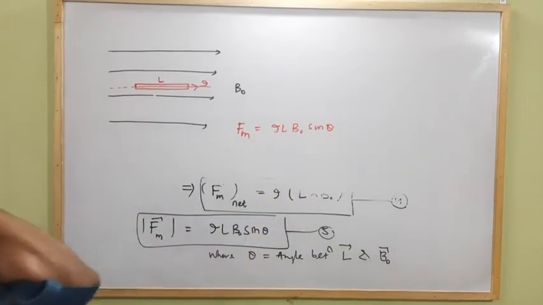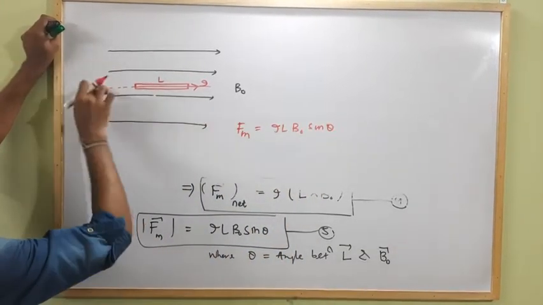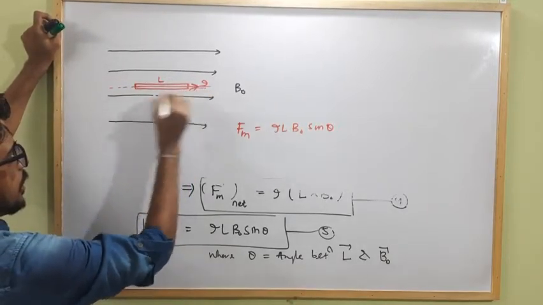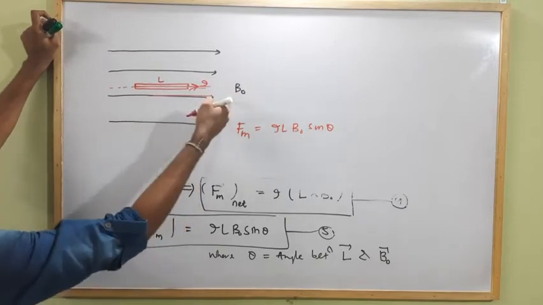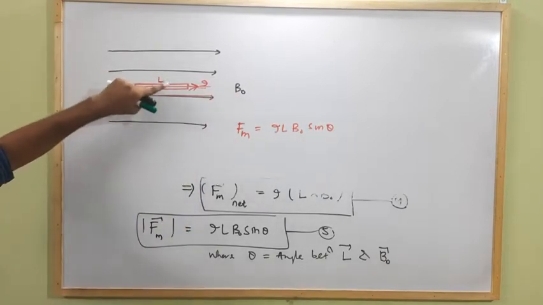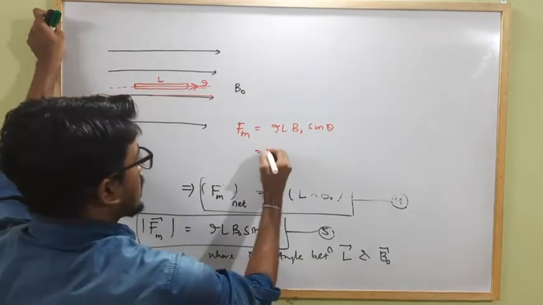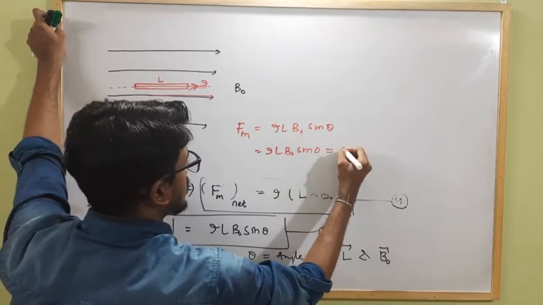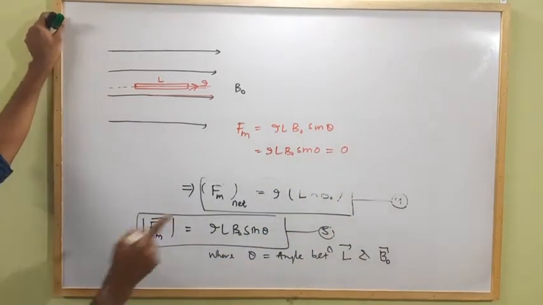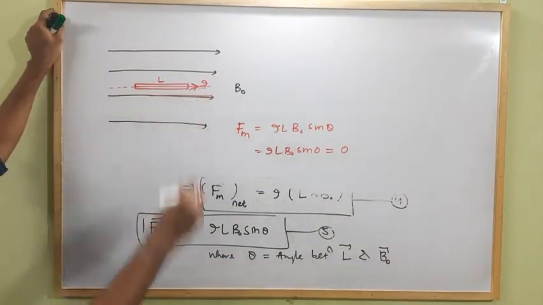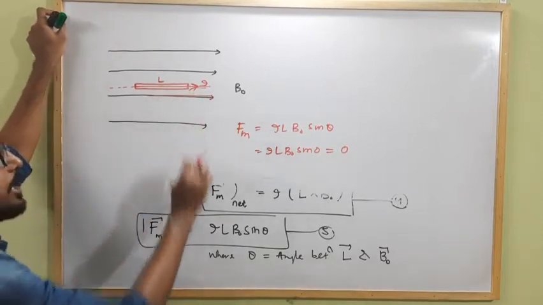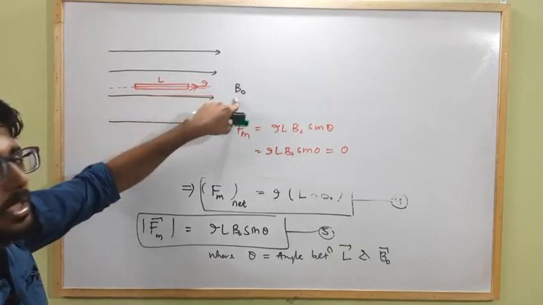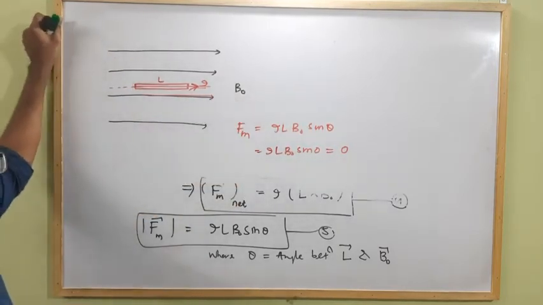What is theta? Theta is the angle between the direction of the magnetic field and the conductor length. So the angle between L and B is 0. So it can be written as I L B naught sin 0, which is equal to 0. So when the length of the current carrying conductor is placed along the direction of the magnetic field, it will experience 0 force.